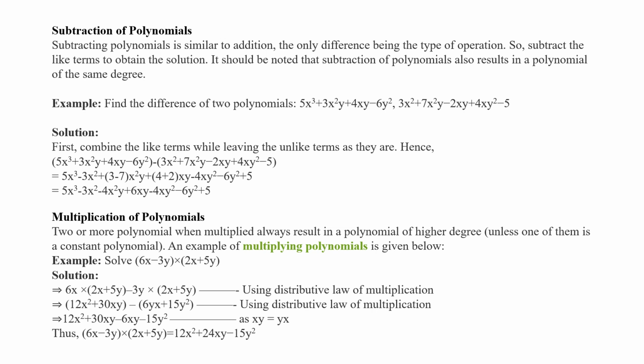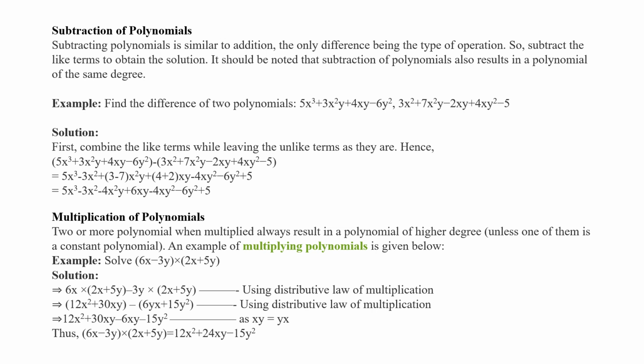So we are using the distributive law of multiplication, the simplest distributive law. When you open the bracket in a multiplication, you multiply variable to variable and coefficient to coefficient. Suppose 6x into 2x plus 5y.